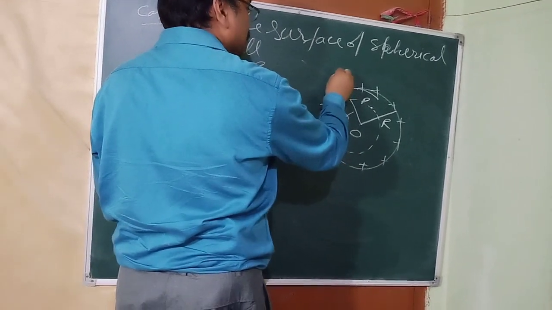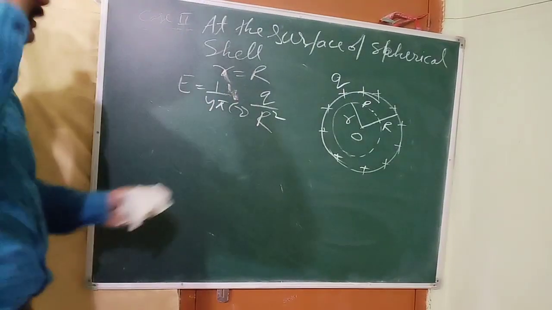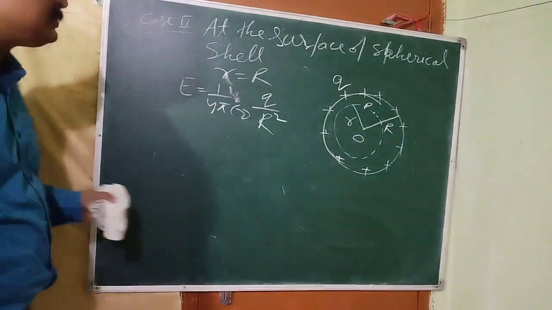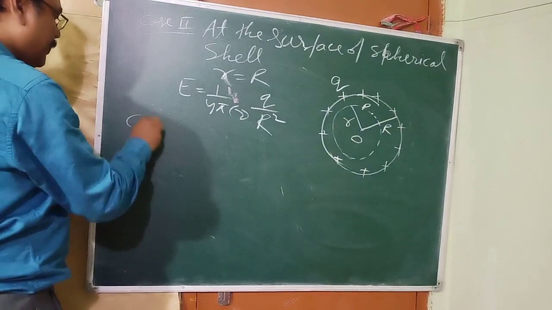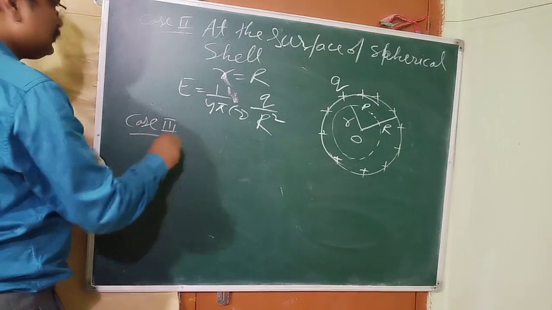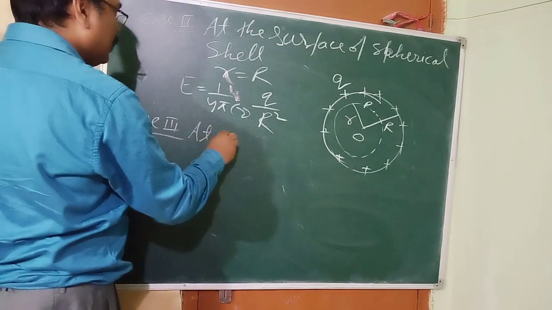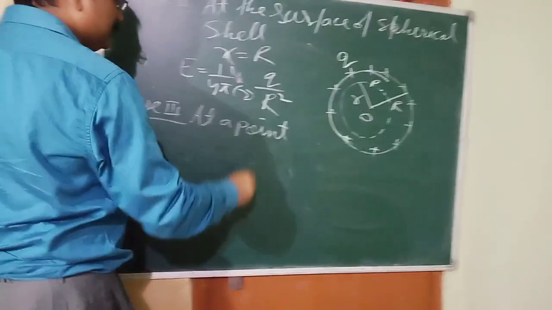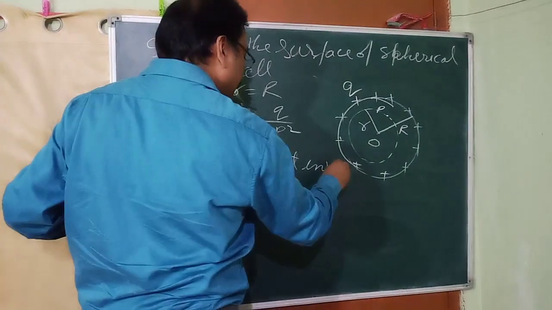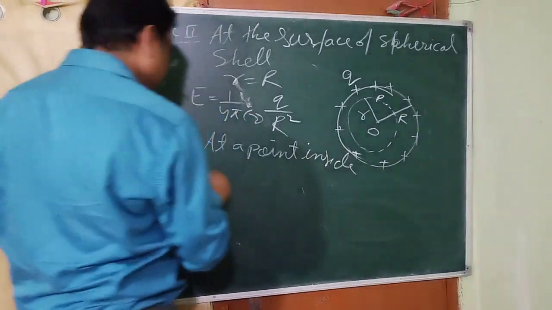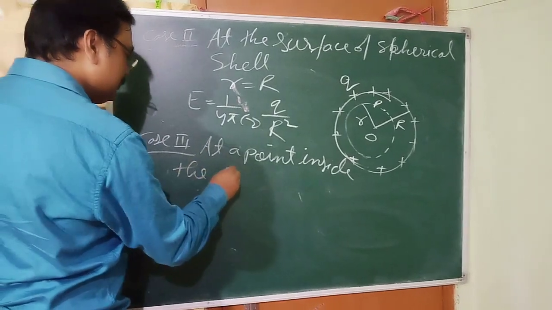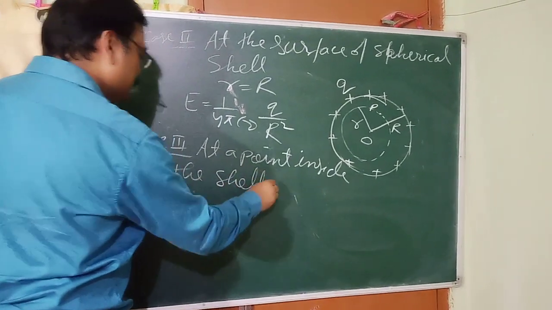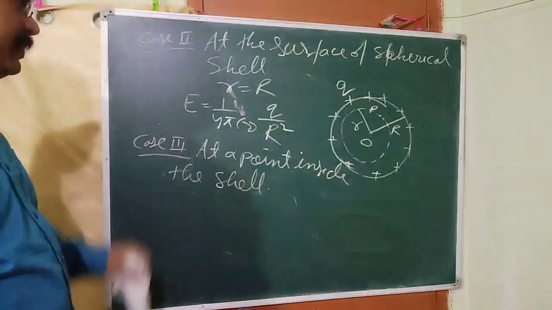The charge on it is Q. Now we have taken the point inside this. So case 3, at a point inside the shell.